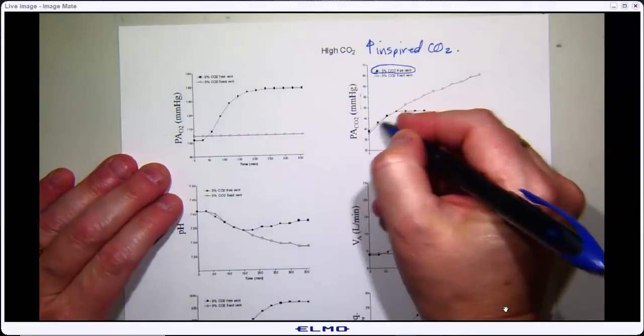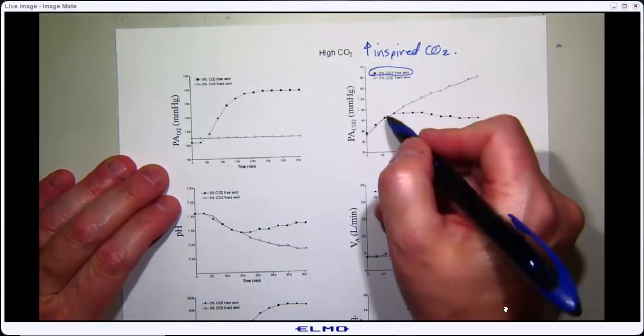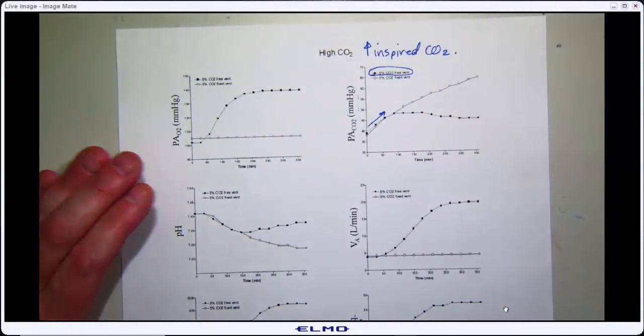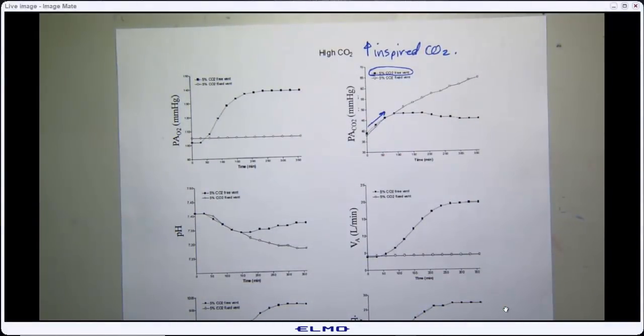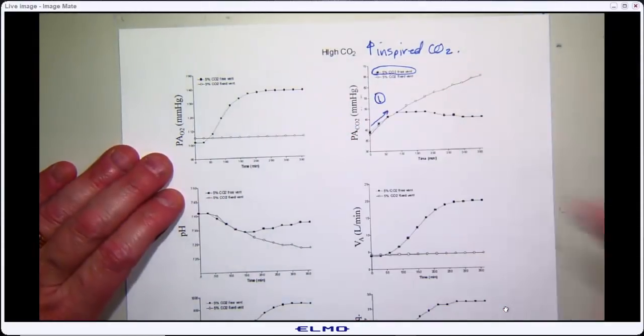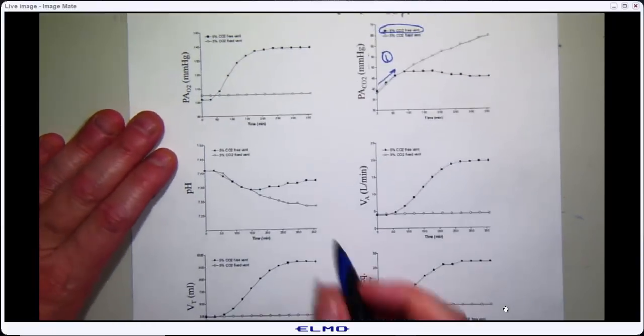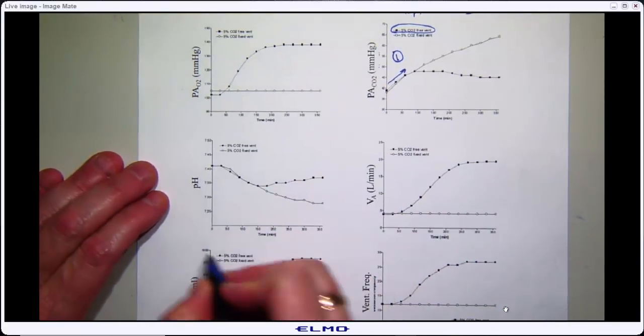So indeed, we're going with the little black boxes here. We would expect to see alveolar CO2 go up because we're breathing more in. We were breathing in 0%, now we're breathing in 5%. Alveolar CO2 goes up, okay? So we start here, and then indeed we're going to get a change in hydrogen ion based on that.